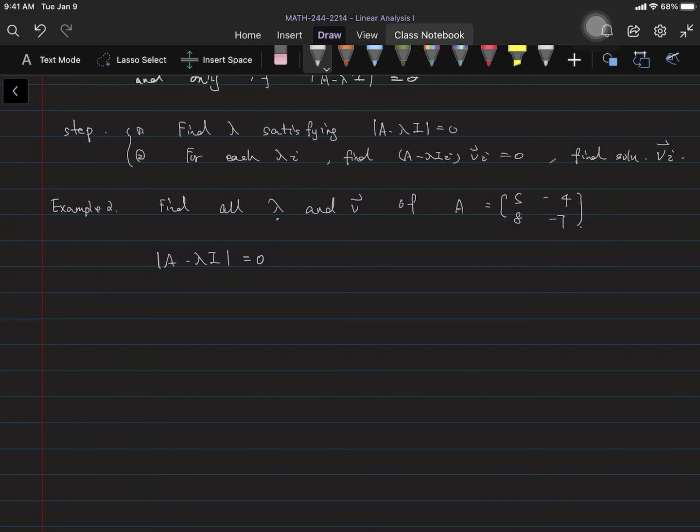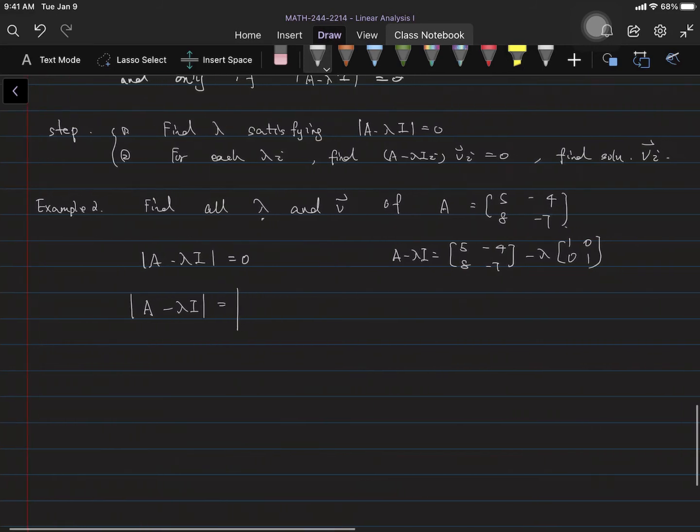So let's take a look at A minus lambda I. A is this one, and lambda I. For this step, we just write down the detail here, but in the future, we don't have to write down this step. We can directly write down A minus lambda I. When we combine, you can see it's 5 minus lambda, and here -7 minus lambda.